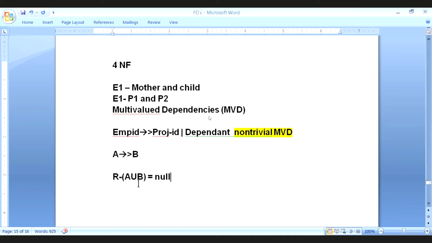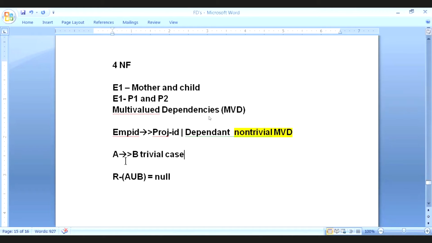A and B. So when A multi-determines B and AB are the only two attributes present in the table, or in other words, if formally we write R minus A and B is equal to null, the meaning is only two attributes are there. So no question of independent B, C arises. So when I have A multi-determines B, this is known as a trivial case.